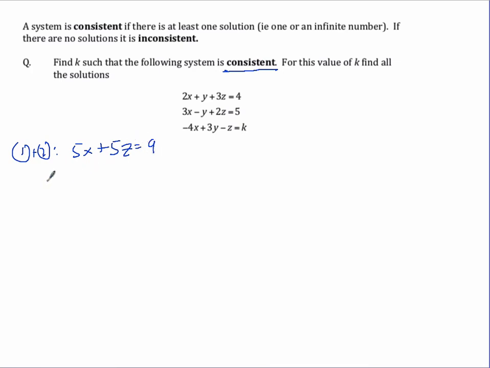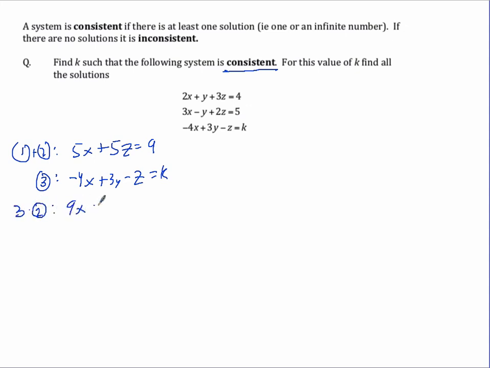Then we got to use maybe 3 and 2. We can get the y's to cancel if I multiply this one by 3. So I'm going to write down equation 3. Equation 3 is negative 4x plus 3y minus z equals k. Then I'm going to do 3 times equation 2.